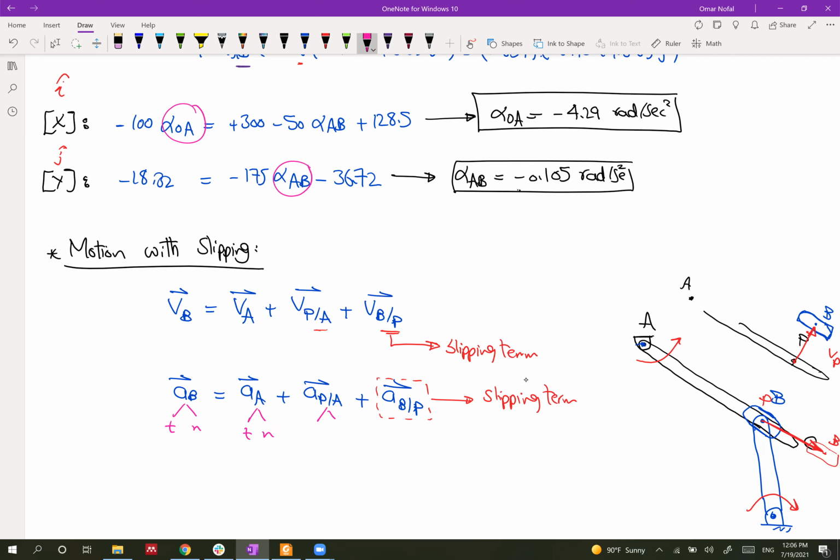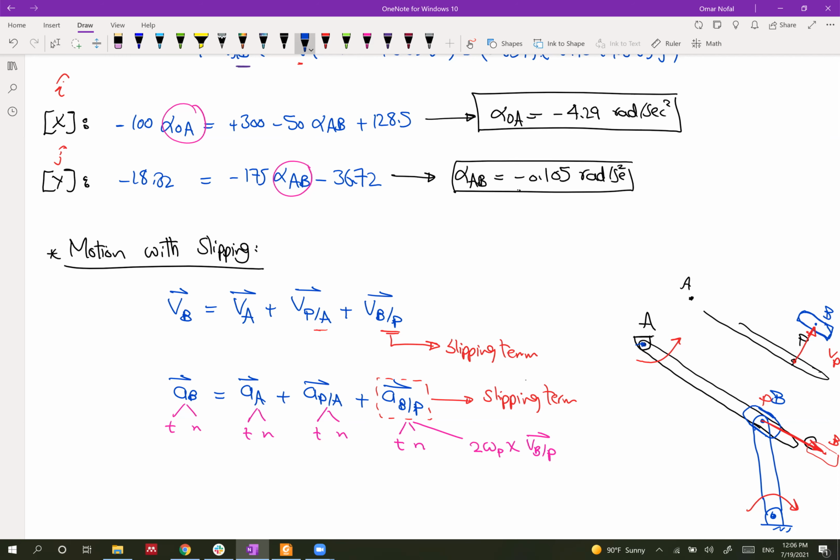Tangent and normal, tangent and normal. And this one has 3 components. It has a tangent, it has a normal, and it has another third component, which I call the Coriolis acceleration. And this is equal to 2 omega of the body crossed by VB with respect to P. So this is the third component, and you will find the proof in the Hibbeler textbook for this relationship.